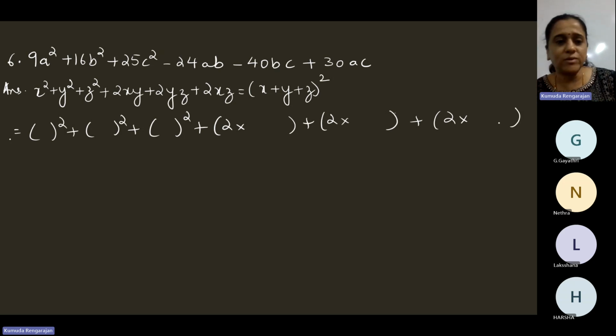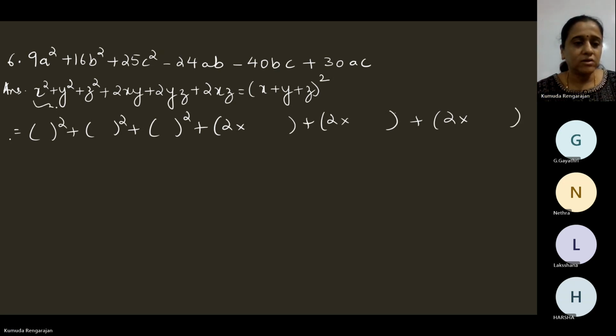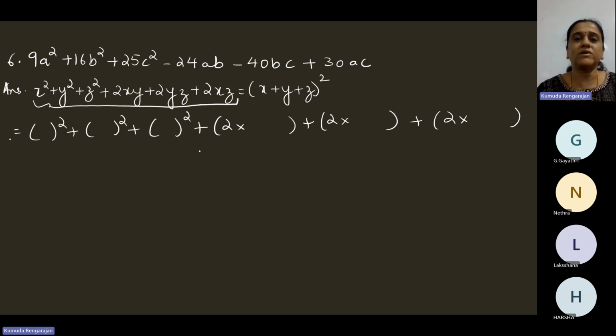All the signs come from the identity, not from the question, always. This LHS of the identity is like the question given, so write using empty brackets by taking the signs from the identity and not the question.